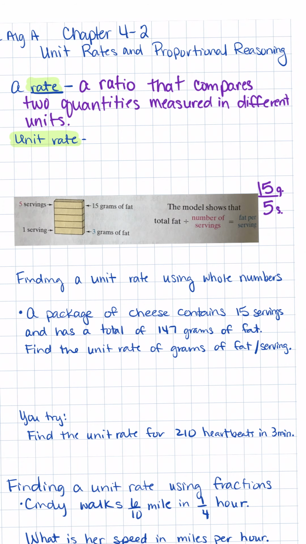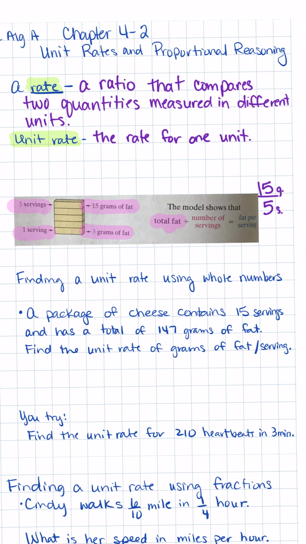So let's write that down. The unit rate is the rate for 1 unit. In the example I told you it was for 5 servings, so that's 5 units. If you look at this chart here, 5 servings, 1 serving, 15 grams of fat, and if you divide 15 by 5, you get 3 grams of fat.